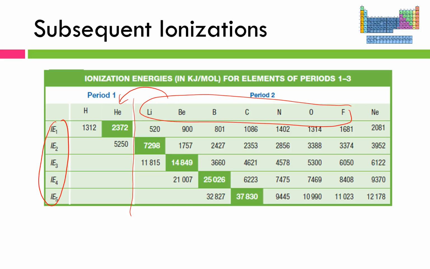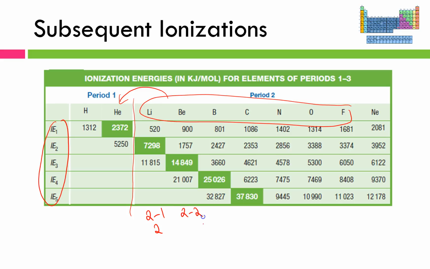It turns out that there is a stability associated with having a full outer shell, and once they have that, they're really hesitant to give it up. So if we think about lithium, it starts off at 2,1, it drops down to just 2 as its electron configuration, and then if you try to take that other one away so it no longer looks like helium, it's going to be very energy intensive. It's going to take a lot of energy.